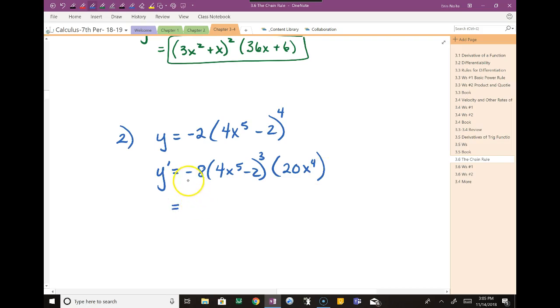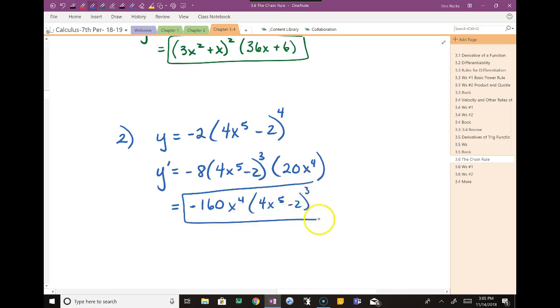What is -8 times 20x to the 4th? Good. -160x to the 4th times the quantity 4x to the 5th minus 2 cubed. Wow, it's a lot more fun when you get it.